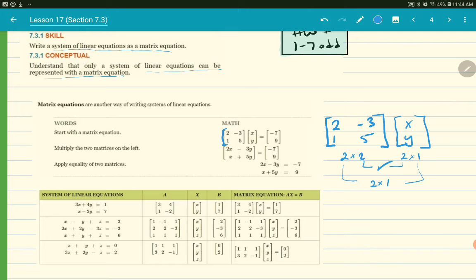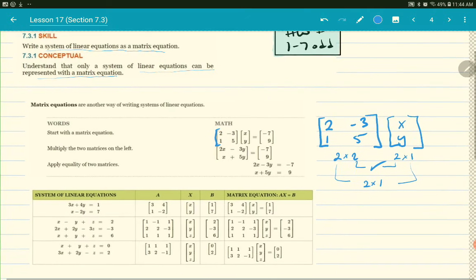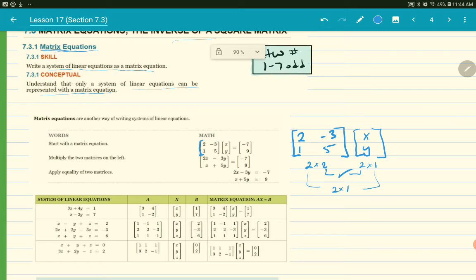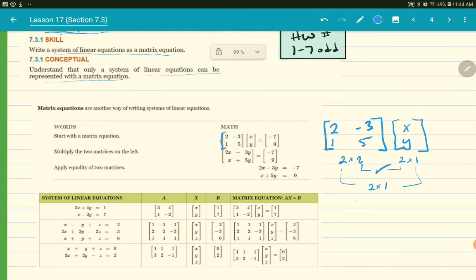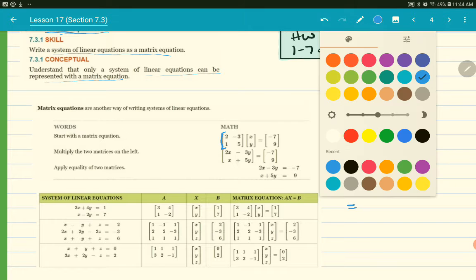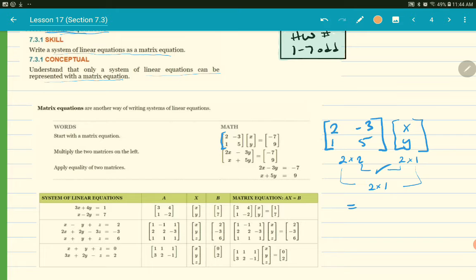So when I multiply those two together, what do I get? I start with my finger on the top left corner, and I go along the rows and then down. So the first row times the first column.